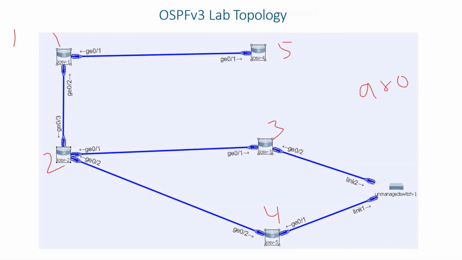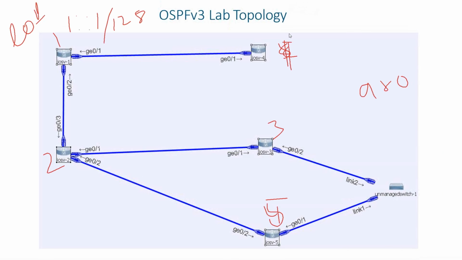We have loopback 0 or loopback 1. If it is router 1, I'm using 1:: /128 as the loopback IPv6 address. Let me clean this and write one more time.